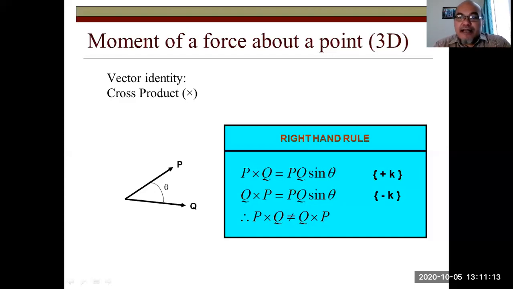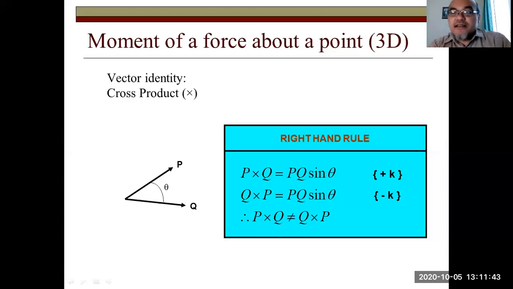The cross product results in a vector also, and its direction is obtained by using the right-hand rule. For example, in this case, P cross Q means that the direction will go towards the screen, while Q cross P will come out of the screen.